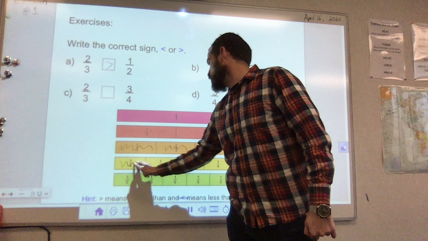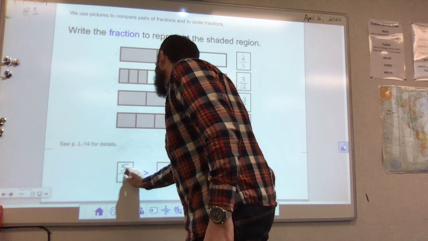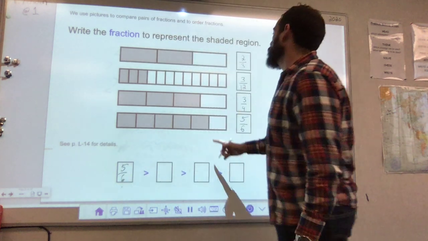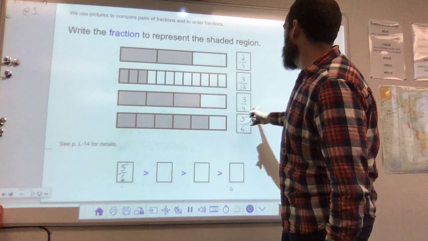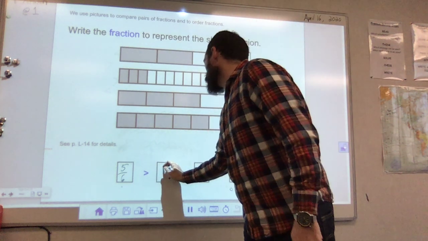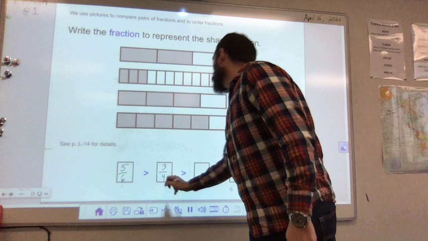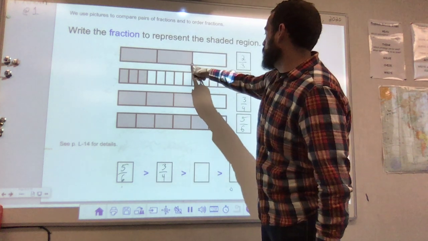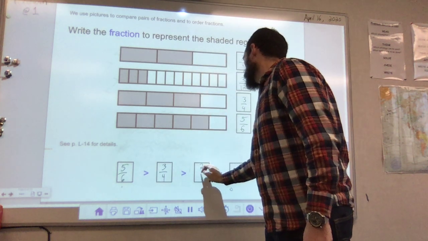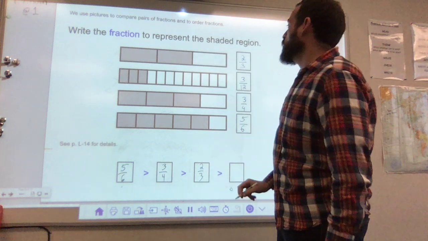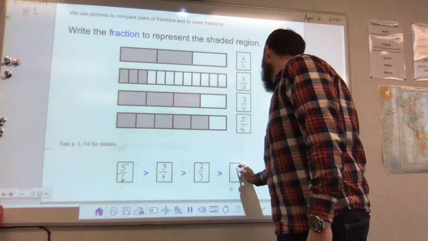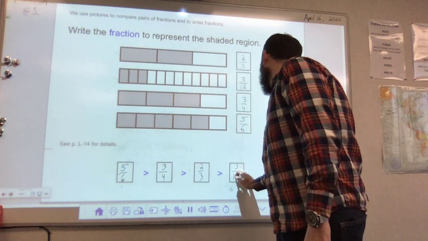So I need my biggest one there, and if I look at these, I can see this one on the bottom has the most sections shaded, so it's 5/6 is greater than my next would be 3/4, which is greater than 2/3, which is greater than 3/12.